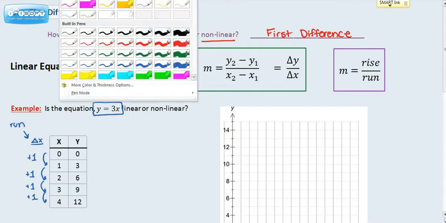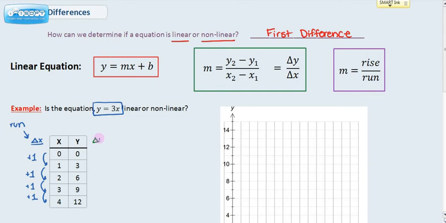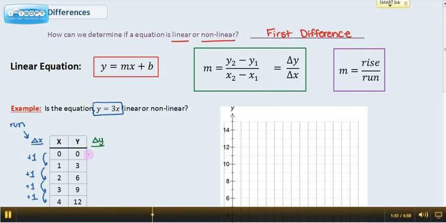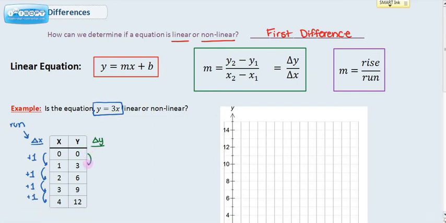If I were to look at the y values and see how they change over the points, I see that going from 0 to 3 is a plus 3. 3 to 6 is another addition of 3. And this pattern continues for the rest of my table. If I were to calculate the slope, if this was a line, I would just take my change in y value and divide by my change in x values.